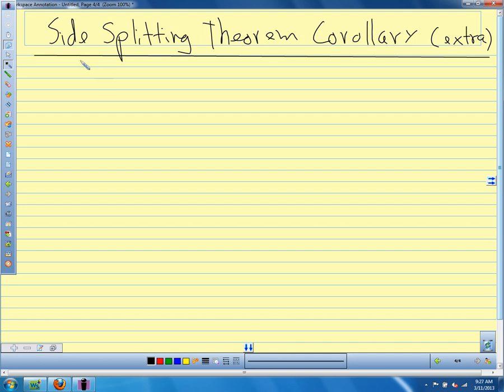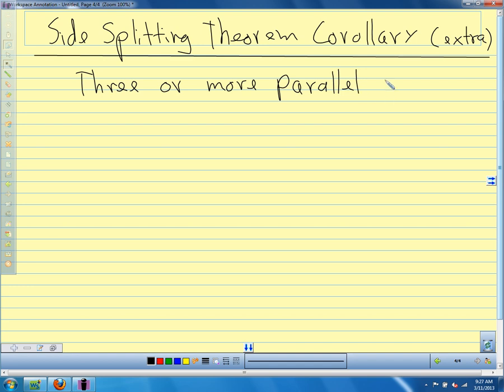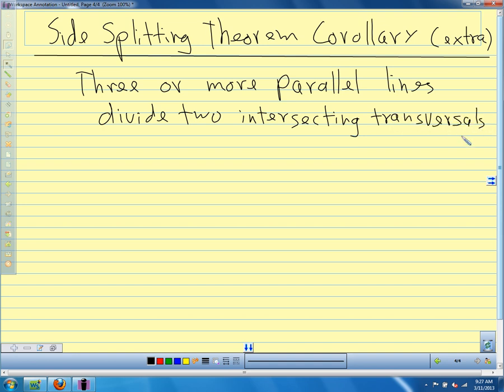Side-splitting theorem corollary tells us that 3 or more parallel lines divide 2 intersecting transversals proportionally.